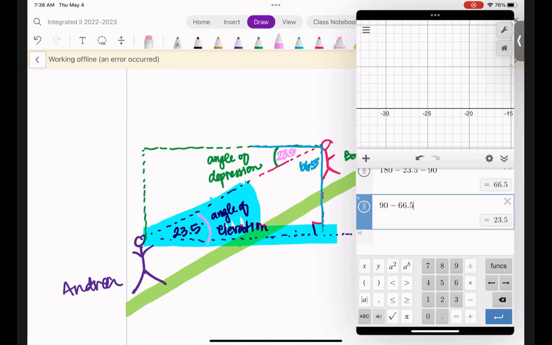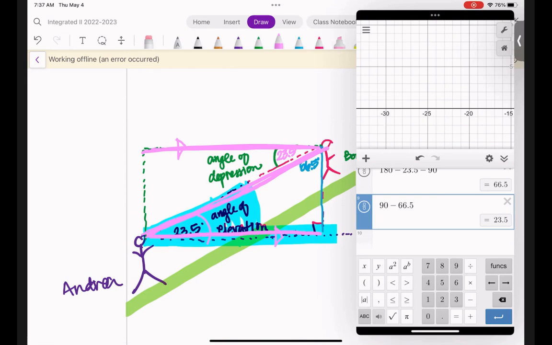And you're right, because these two lines are parallel and you have a transversal, right? Oops, my transversal is a little bit crooked. There's your transversal, right? So if you look at these lines here, these are parallel lines cut by a transversal, you get alternate interior angles. And so because we have alternate interior angles, Andrea is right, not Bonita.